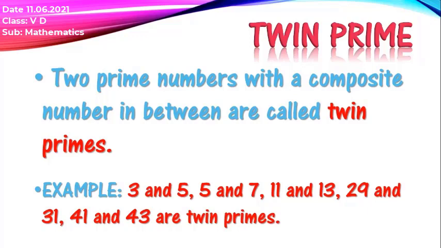Therefore, 3 and 5 are twin primes. 5 and 7. 5 is a prime number, 7 is a prime number, but in between 6 comes, which is a composite number. So 5 and 7 are twin primes. In the same way, 11 and 13, 29 and 31, 41 and 43 are the twin primes.